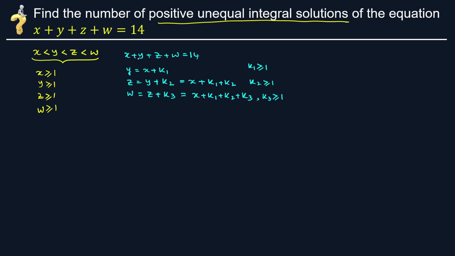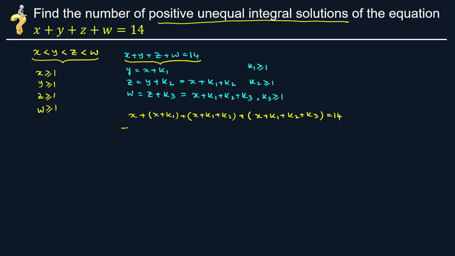Therefore, this equation is now transformed into x plus, in place of y I am writing x plus k1. In place of z I am writing x plus k1 plus k2. And for w we are writing x plus k1 plus k2 plus k3, right, which is equal to 14.